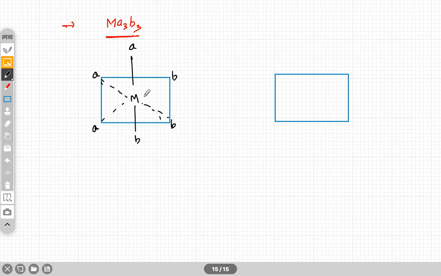All A are at 90 degrees. Meridional is 1 A here. Basically, these two positions you have to interchange, and you'll get meridional. So we have A, here we get B, here we have A, B, and B. This is meridional.